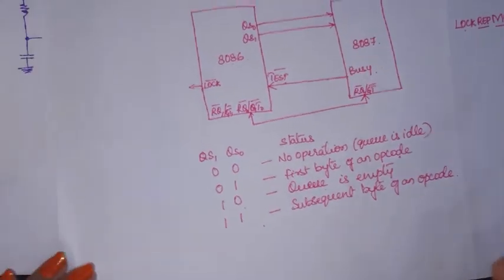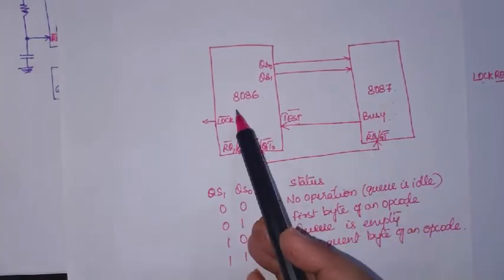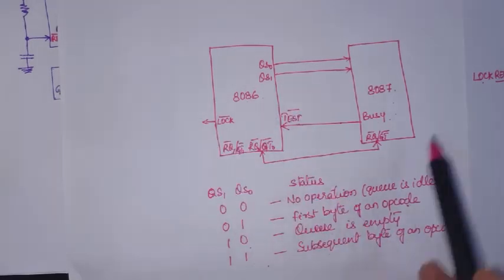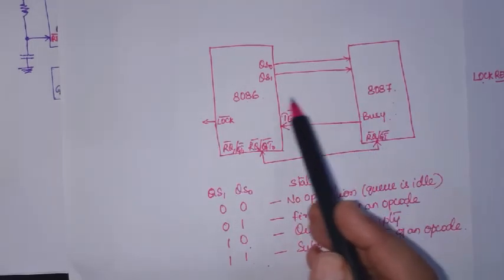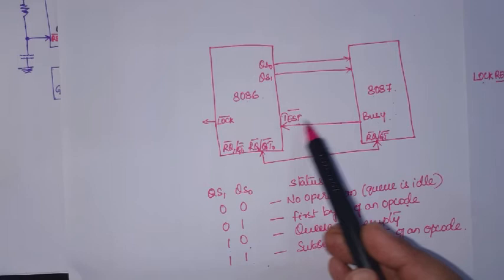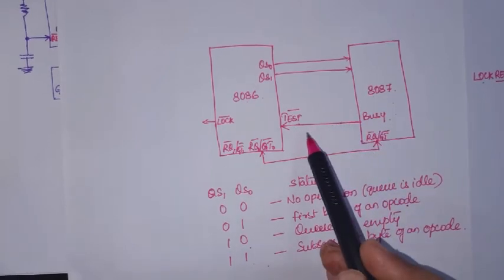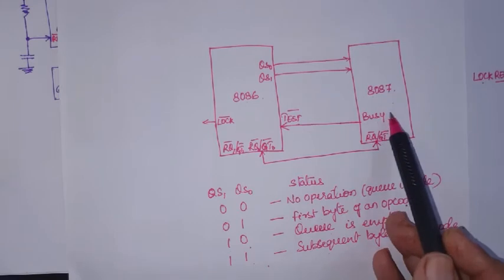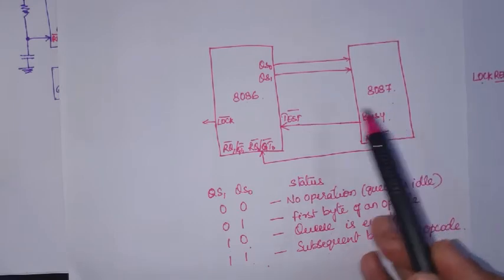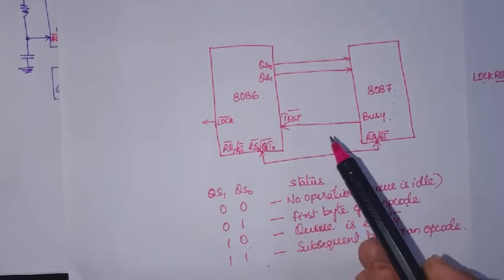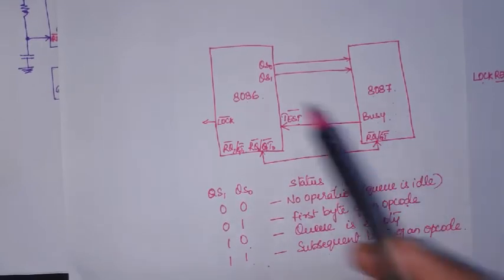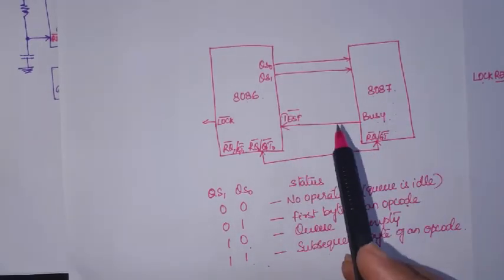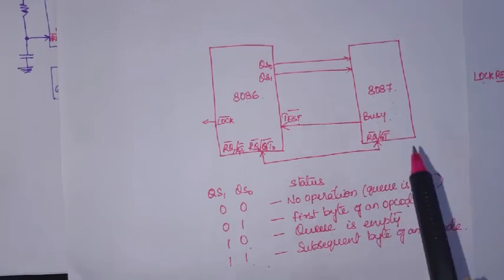Here 8087 and 8086 are connected in this way. I have not shown the connections for the address and data bus, because the same system bus is shared by both the processors 8086 and 8087. The memory and IO, all the resources, are shared by both the processors.